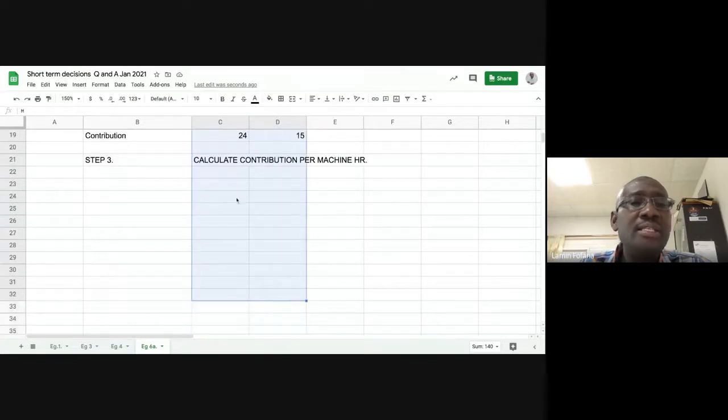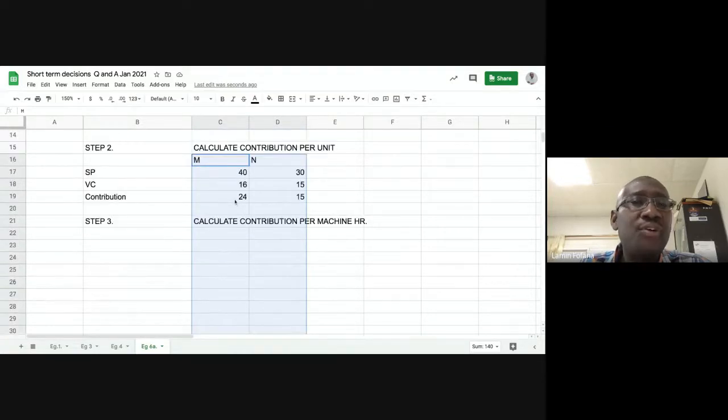The reason is if you type a text, by default, it's aligned to the left. If you type a number, by default, it's aligned to the right. So if you type a number and it automatically aligns itself on the left, you know that it's not a number. It might look like a number, but Excel or the spreadsheet considers it as text. I'll show you an example in a minute. So we highlight this and align to the right.